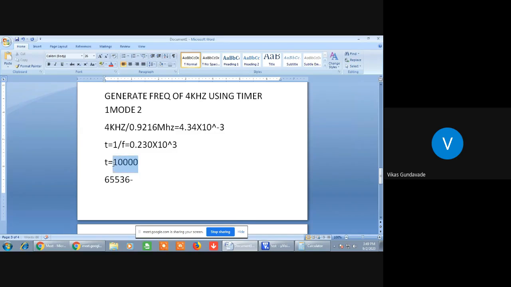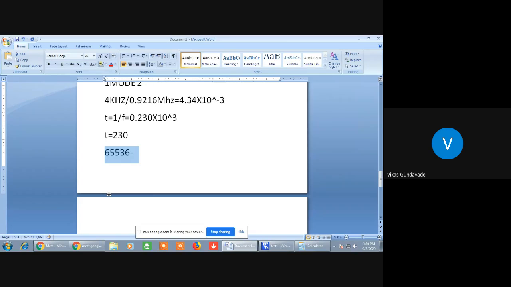Okay. So the time count t will be 230, right? So according to that, if you want it in mode 2, the count will be 256 minus 230, which is equal to 26. Now why is it 256? Because 255 minus count plus 1. Okay, so the count will be 26.